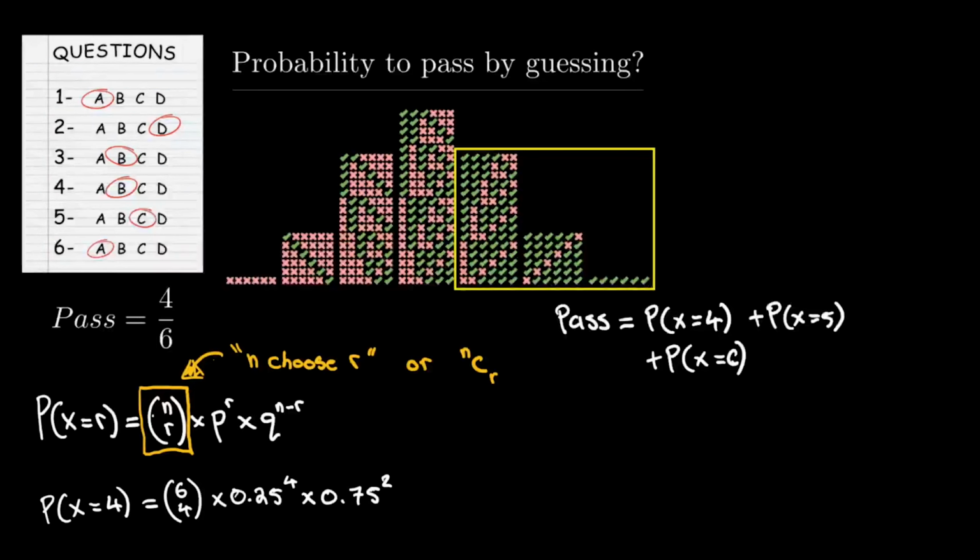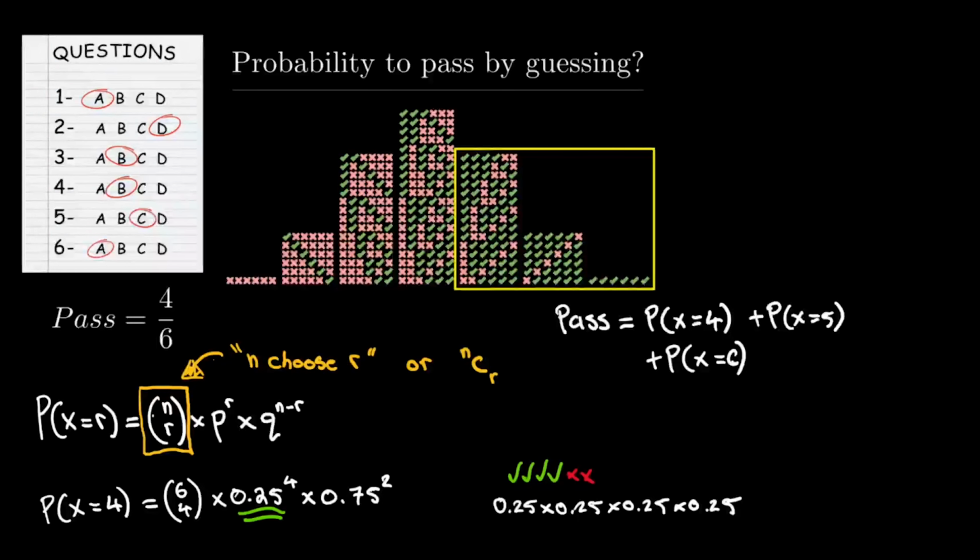If I just write out one of these possible events, that is getting 4 correct and 2 incorrect, I need to get this, and then this, and then this, and then this. So really what I'm saying here is the probability of that is 0.25 times 0.25 times 0.25 times 0.25, which is where this 0.25 to the power of 4 comes from.